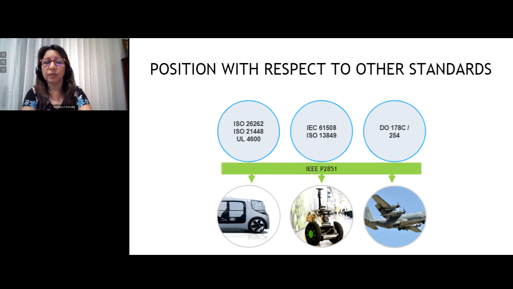And here's another picture just showing that view, where we're showing how P2851 would connect each of these different standards across the domains.